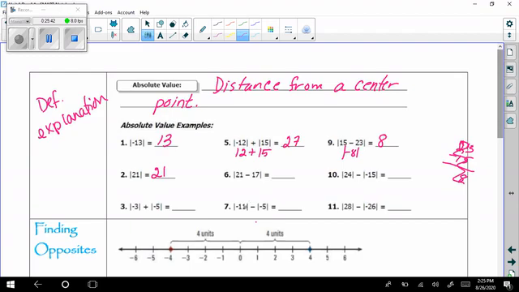I'll do number 7 here. Absolute value of negative 11 is 11. Absolute value of negative 5 is 5, but I have a subtraction sign in between, so 11 minus 5, which is 6. Show your work and finish the rest of those for me.